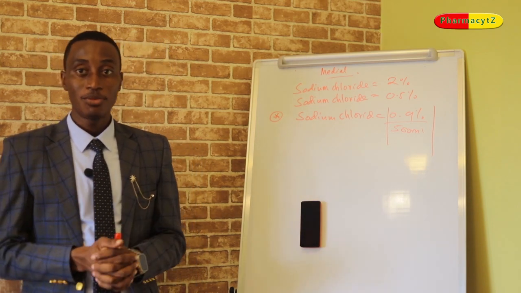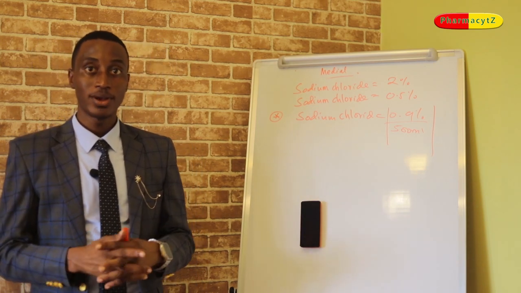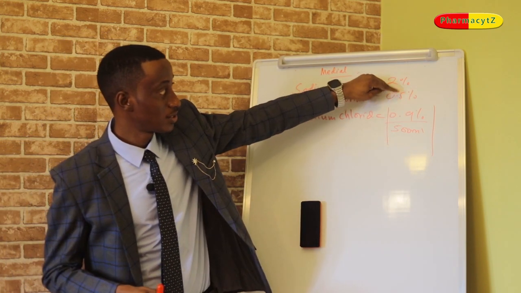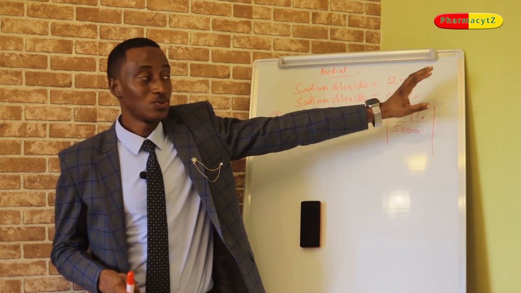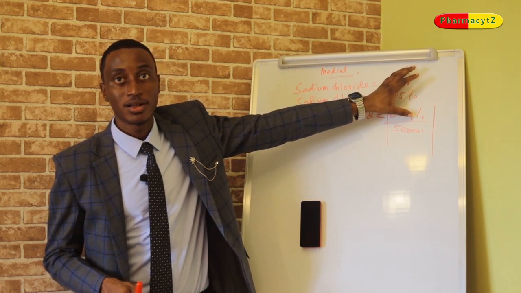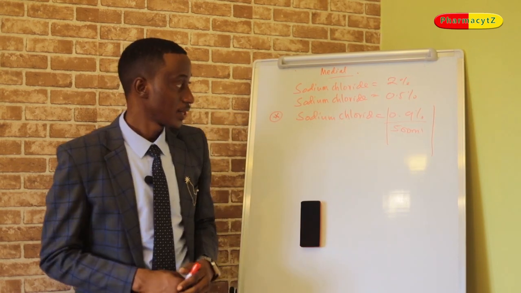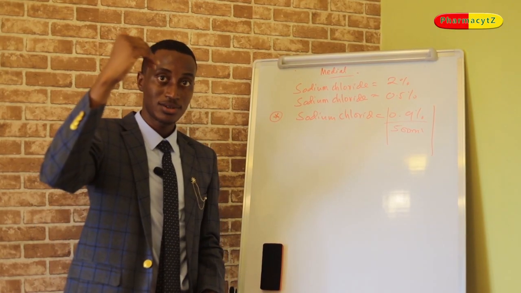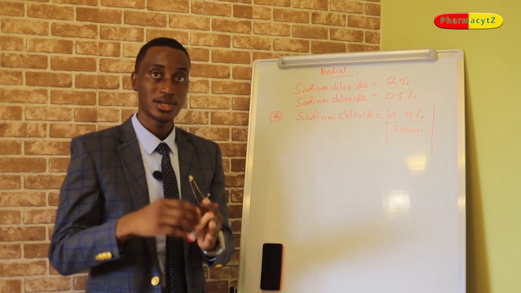How do we get the number of parts? Then we are going to employ alligation alternate. Why? We have no known concentration and quantity. We have just the concentration, no quantity. So the principle is the same. We need to have the highest concentrated solution, the weakest, and the required one.